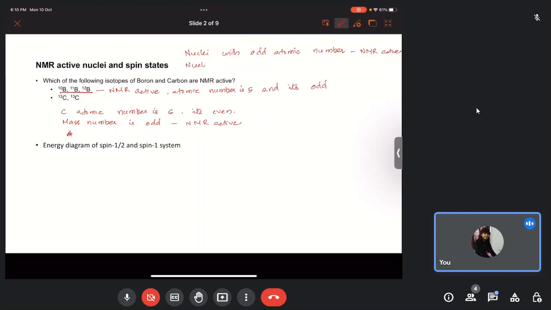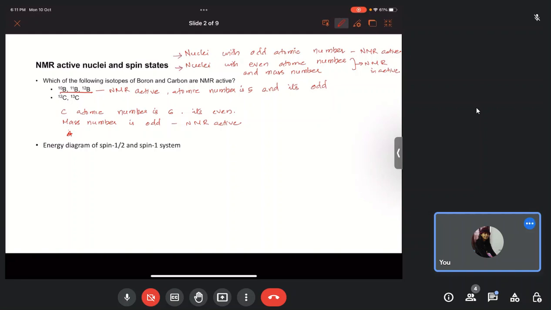Nuclei with even atomic number and even mass number are NMR inactive. So the set of nuclei which are definitely NMR active is nuclei with odd atomic number.